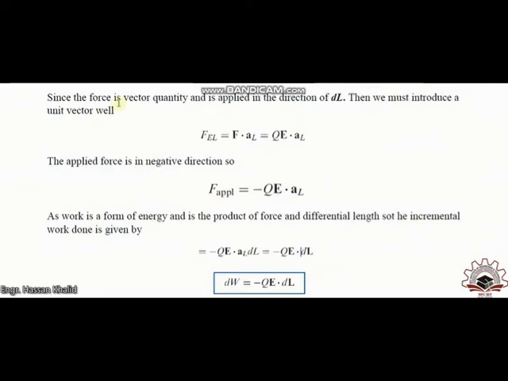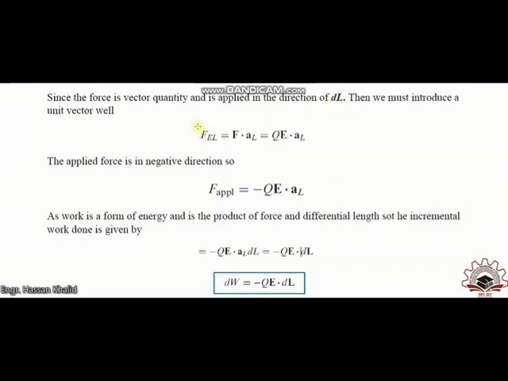Since the force is a vector quantity and it is applied in the direction of that incremental distance dL, we must also introduce a unit vector that specifies the direction of that applied force.